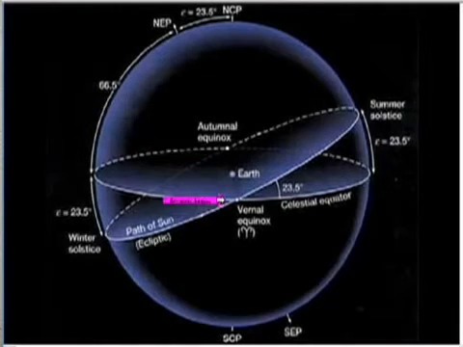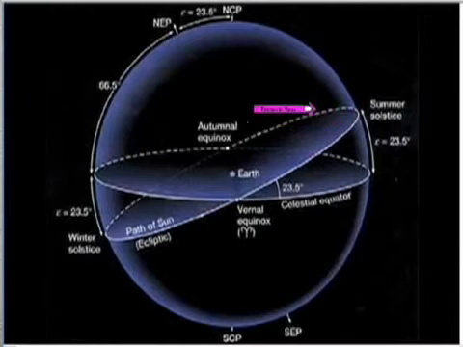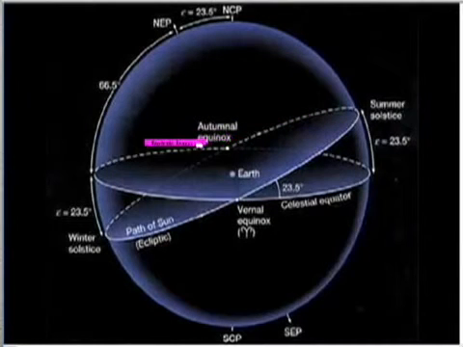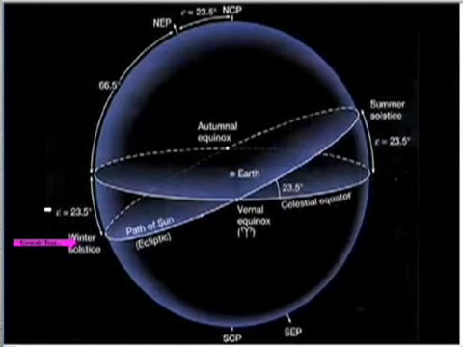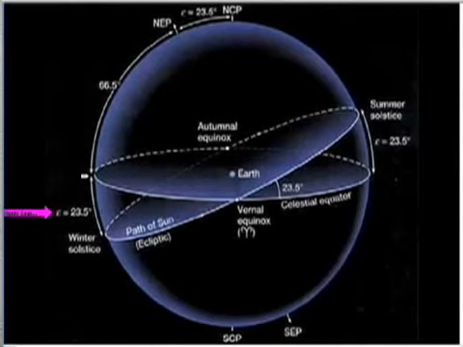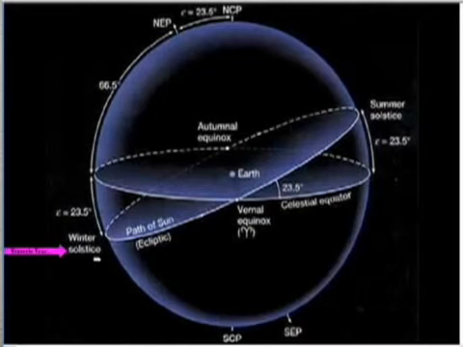This is called the vernal equinox, when the sun is on its way north. And then when the sun is on its way south and it crosses the celestial equator, this is called the autumnal equinox. And similarly, when the sun is at its most southward point, 23.5 degrees south of the celestial equator, this is called the winter solstice.